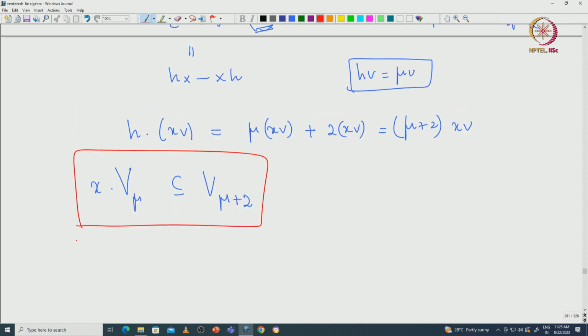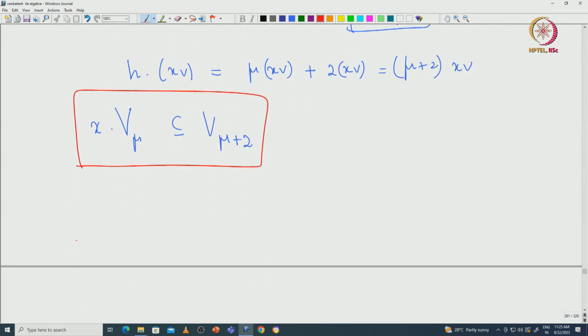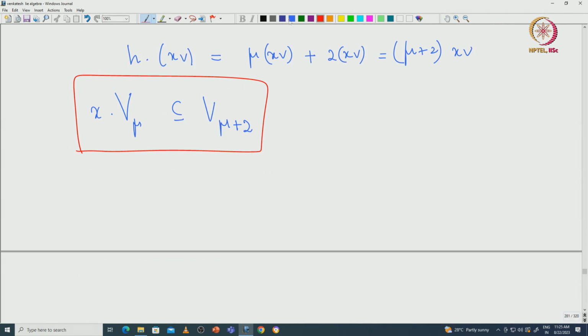When V_mu is non-zero, the earlier calculation says that x maps V_mu to V_{mu+2}. Similarly, one can do the calculation for y. We compute the h action on y v, which is exactly y of h v plus the bracket [h, y] v, which is exactly equal to (mu minus 2) y v.